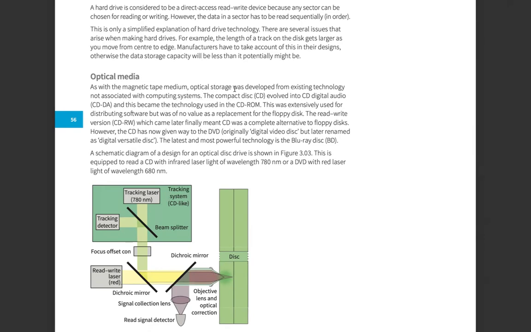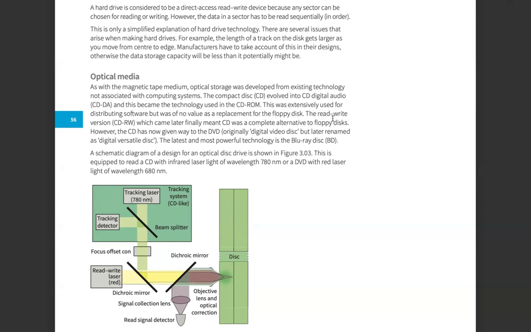So the compact disc, that's what we call CD, evolved into CD digital audio, that is CDDA, and this became the technology used in the CD-ROM. This was extensively used for distributing software, but was of no value as a replacement for the floppy disk.